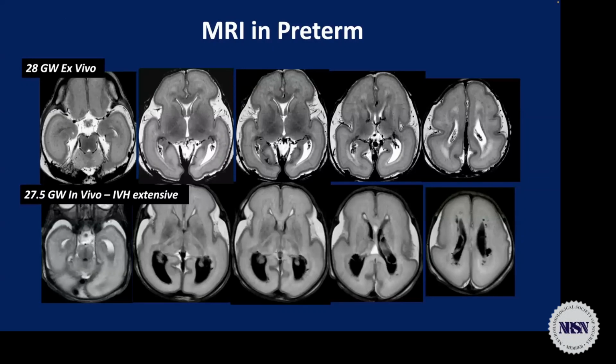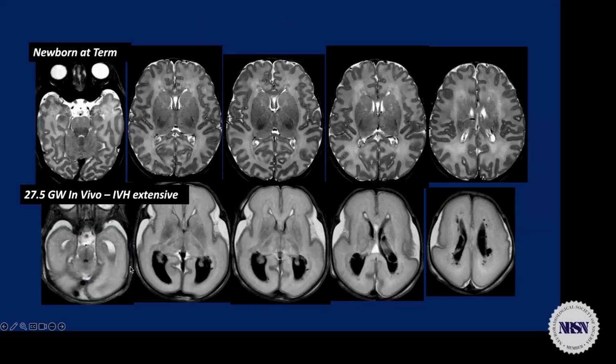But of course, as I said, the brains of preemies are very difficult. You can see here in this case of extensive intraventricular hemorrhage, but look at the white matter and also at what we can identify as basal ganglia and thalami. They are diffusely hyperintense. So we can say that probably in this preemie there is a diffuse brain edema, but the problem is that it's very difficult to understand the presence of brain edema.